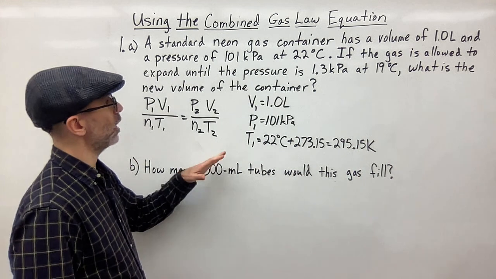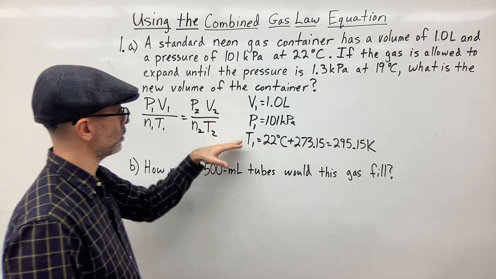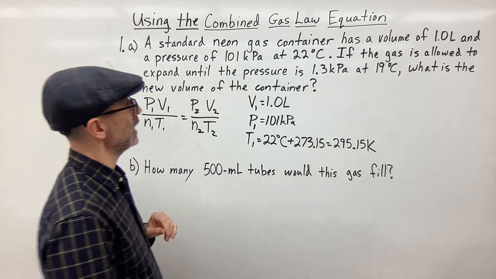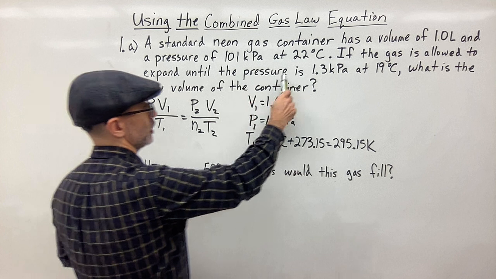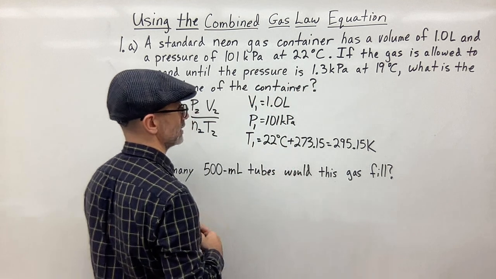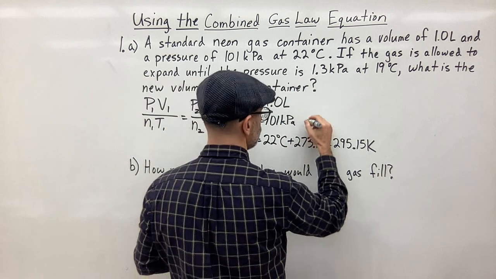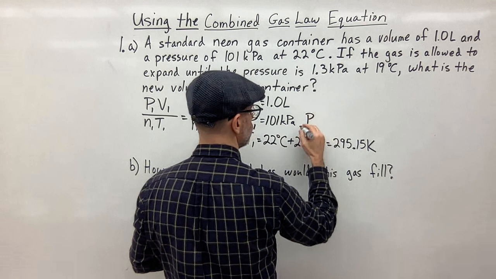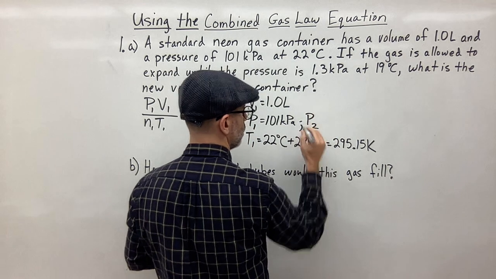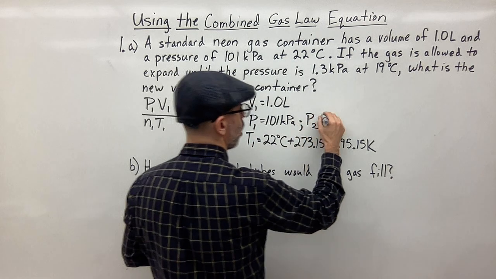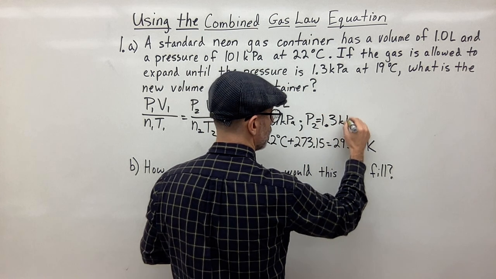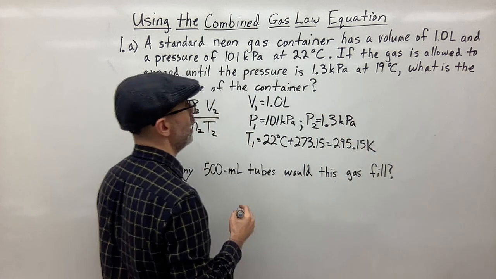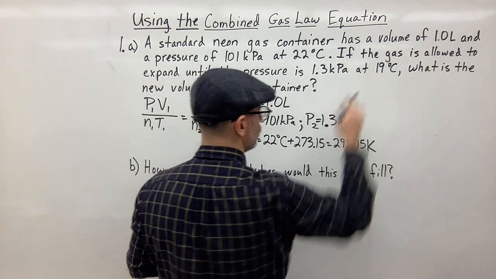Okay, so now we've got the V1, P1, T1, and it says if the gas is allowed to expand until the pressure is 1.3 kilopascals. So that's going to be our P2. So P2 is going to be 1.3 kilopascals at 19 degrees Celsius.